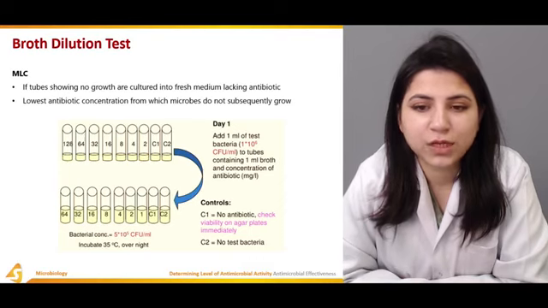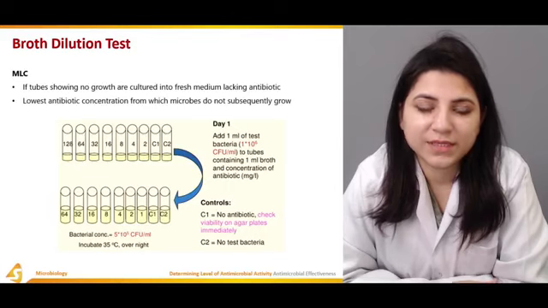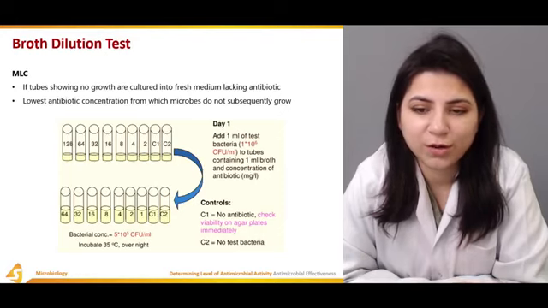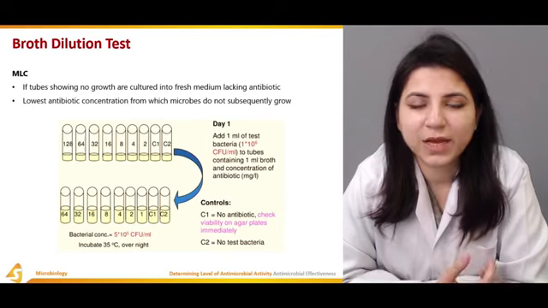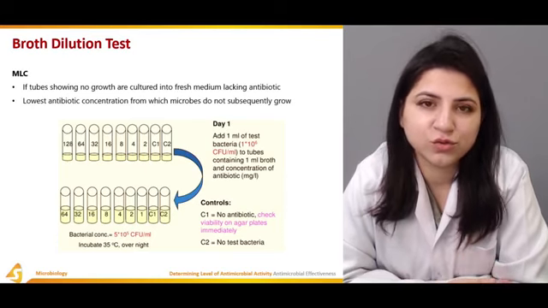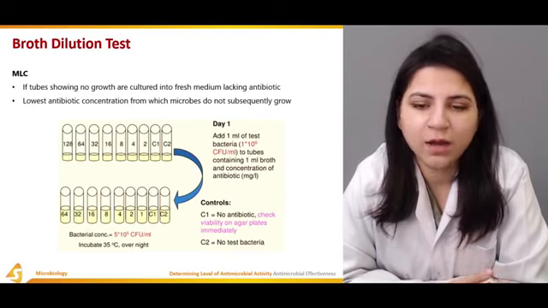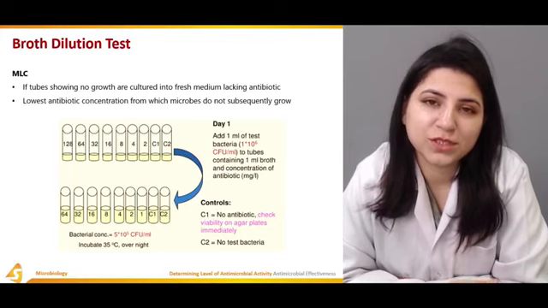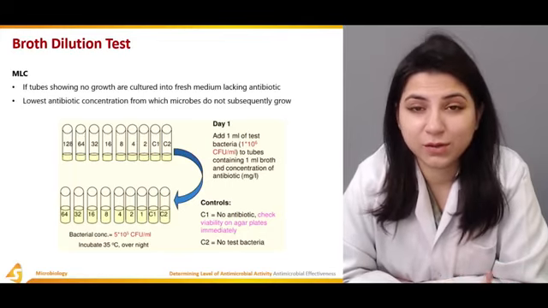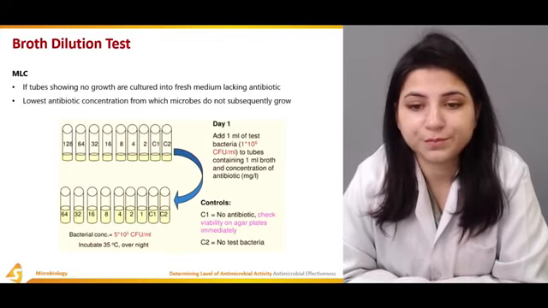Again, the figure shows how you can check for the MIC and MLC, and how you can also use controls in which there are no antibiotics to check the viability of bacteria on agar plates. And in control 2, you can add no bacteria to see that there's no other pathogen growing beside your own pathogen of interest.